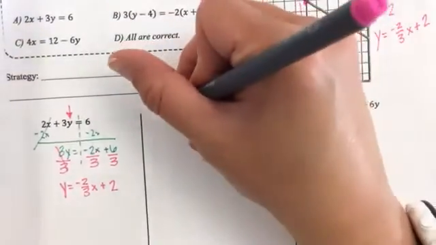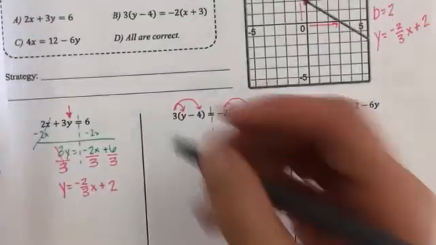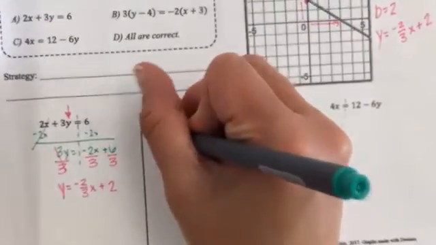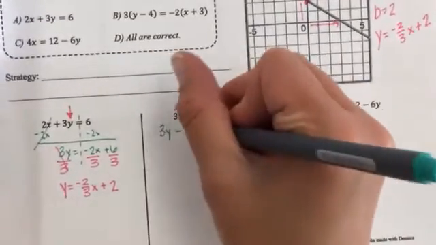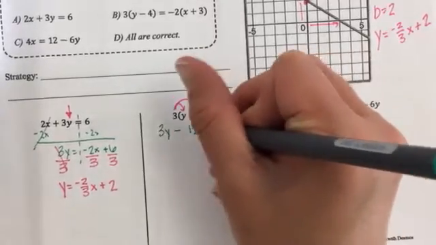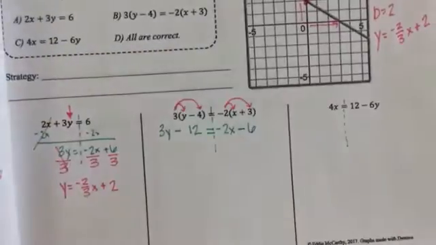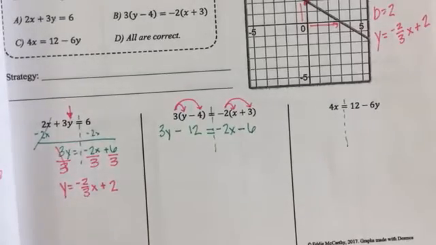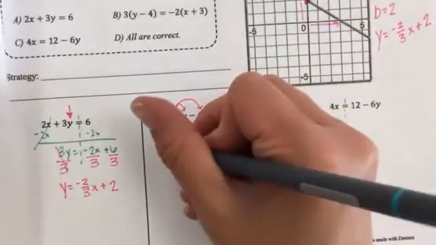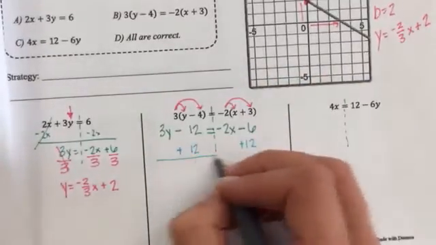Okay, the middle one looks the most complicated. We've got to distribute on that one. So I'm going to do that first. 3 times y is 3y. 3 times -4 is -12. -2 times x is -2x. And -2 times +3 is -6. Okay, I want the y by itself, so the first thing I have to do is add the 12. I can add it to the 6.